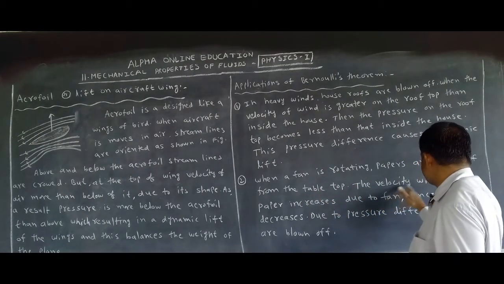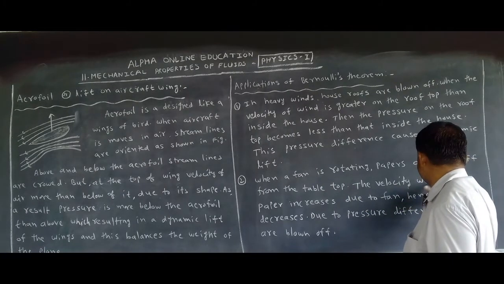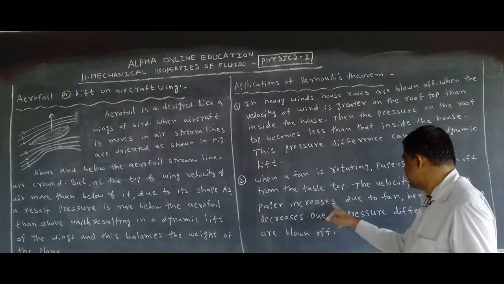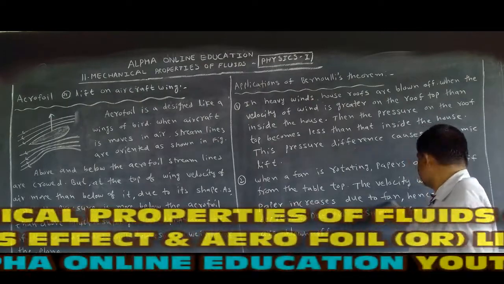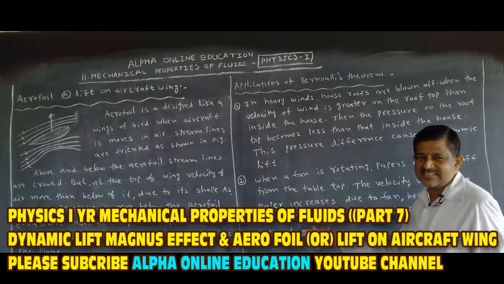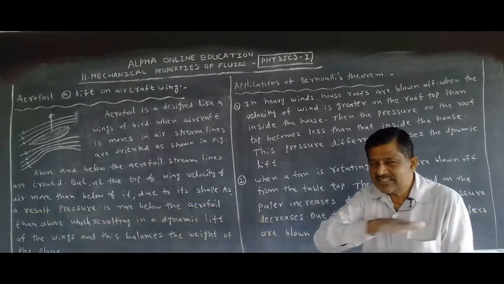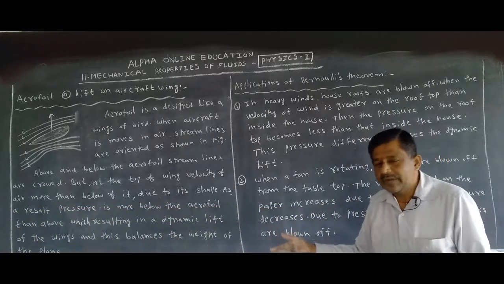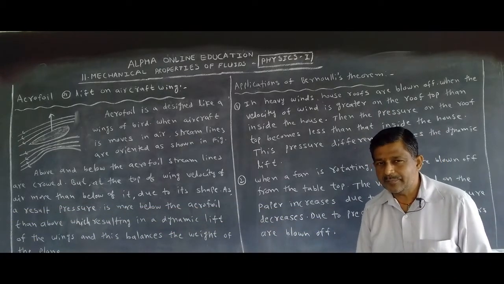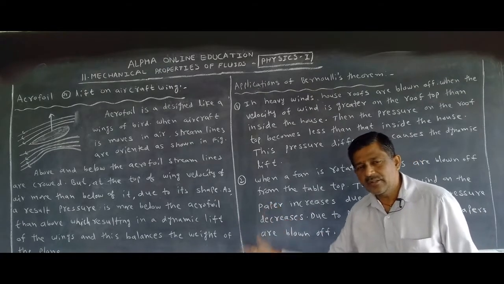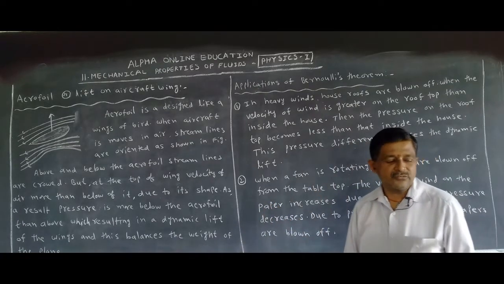Why? The velocity of the wind on the paper increases due to the fan. Hence the pressure decreases on top of the paper, but the pressure is more at the bottom of the paper. The difference blows the paper off the table.